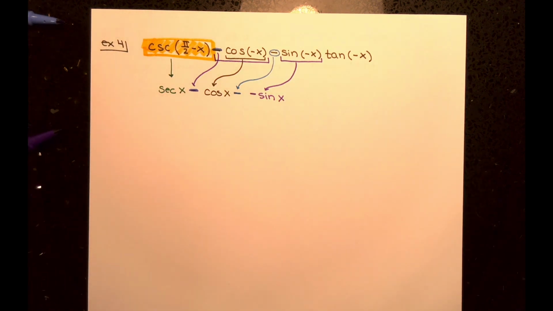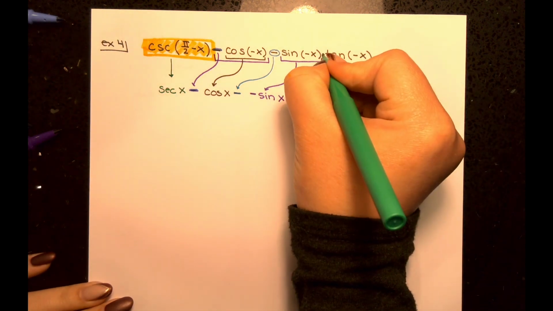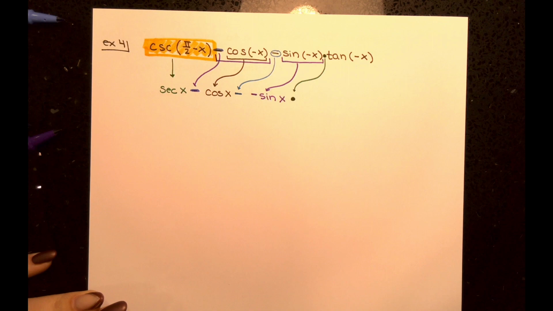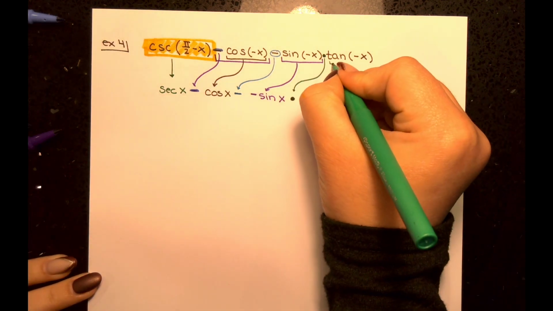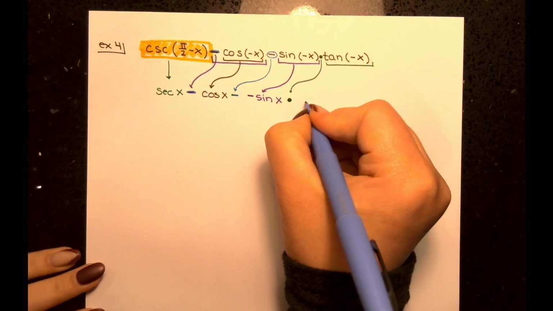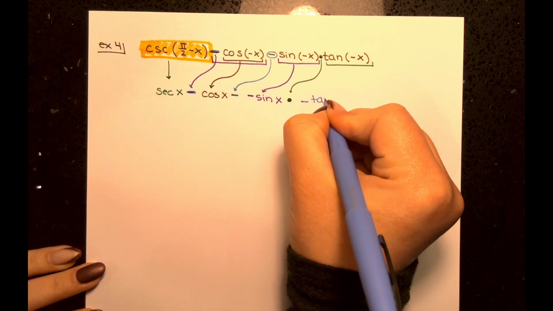Now here's where the hiccup can happen. Be careful, because this is saying times tangent of negative x. Tangent of negative theta brings it out. So we have negative tangent of x.